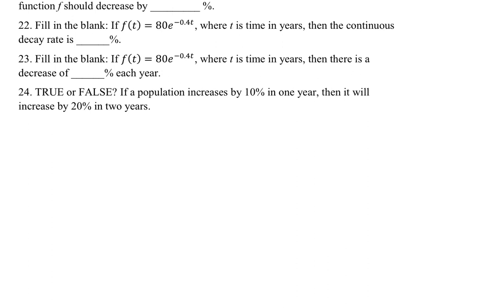So p of 3 is going to be a times, because we still don't know what a is, 0.947 to the 3, over a times 0.947 to the 0. A divided by a, those cancel. 0.947 to the 0 is 1, so that's 0.947 to the 3, which is 0.8493.